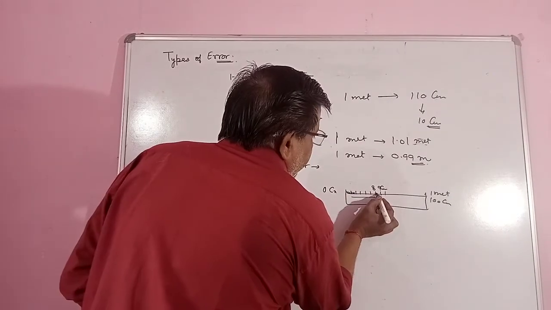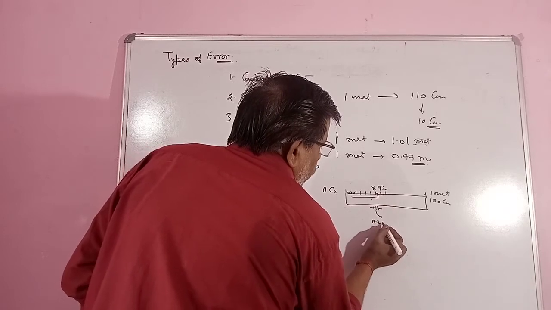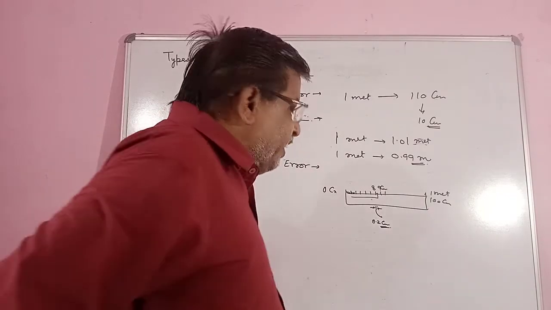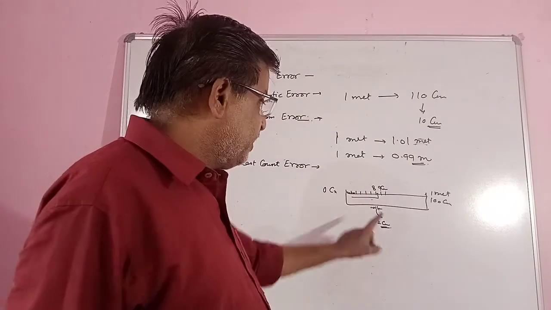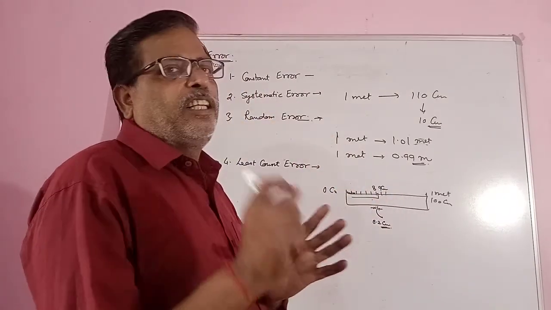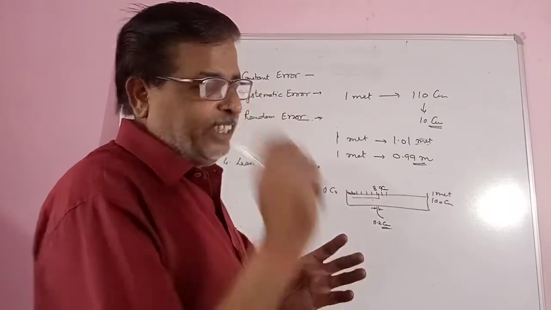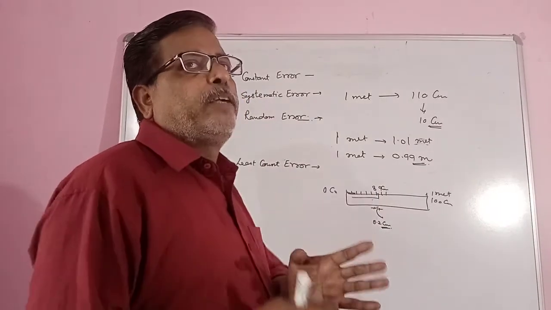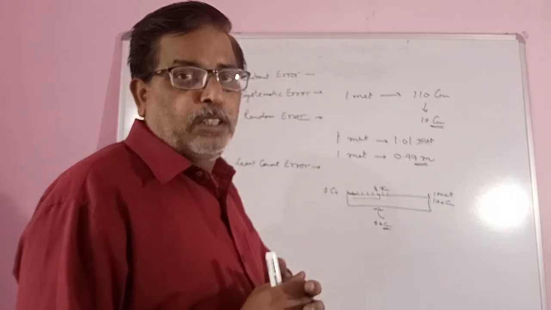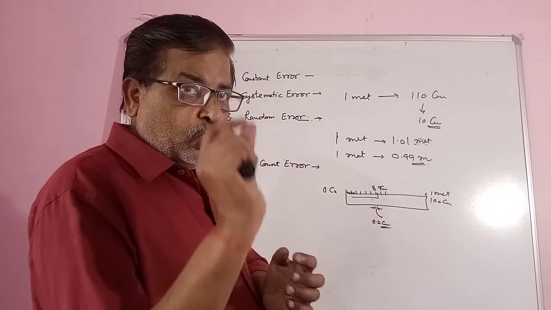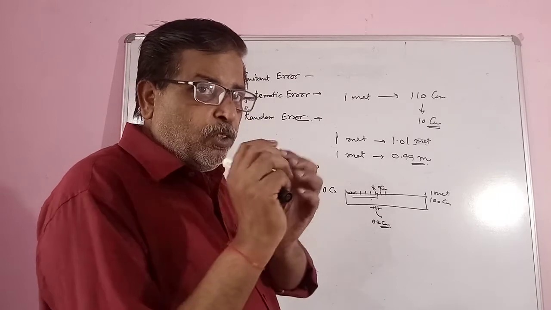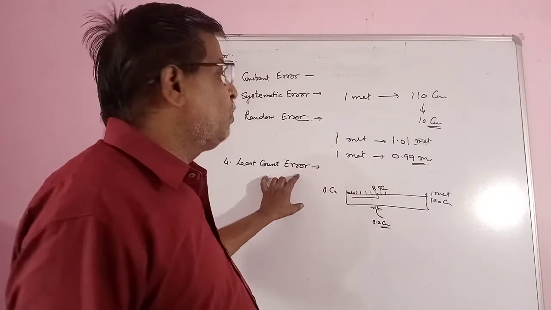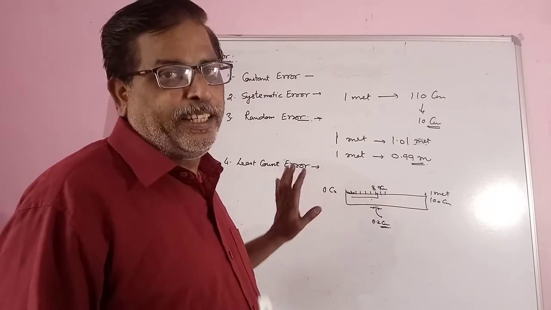So there is definitely 8.2 centimeter because millimeters are given. But in that case, still we are leaving some distance because it is not exactly 8.2. It may be 8.22, it may be 8.23, it may be 8.24. So we are leaving something. So the value of measurement that we are leaving due to limitation of our instrument, that is called least count error.